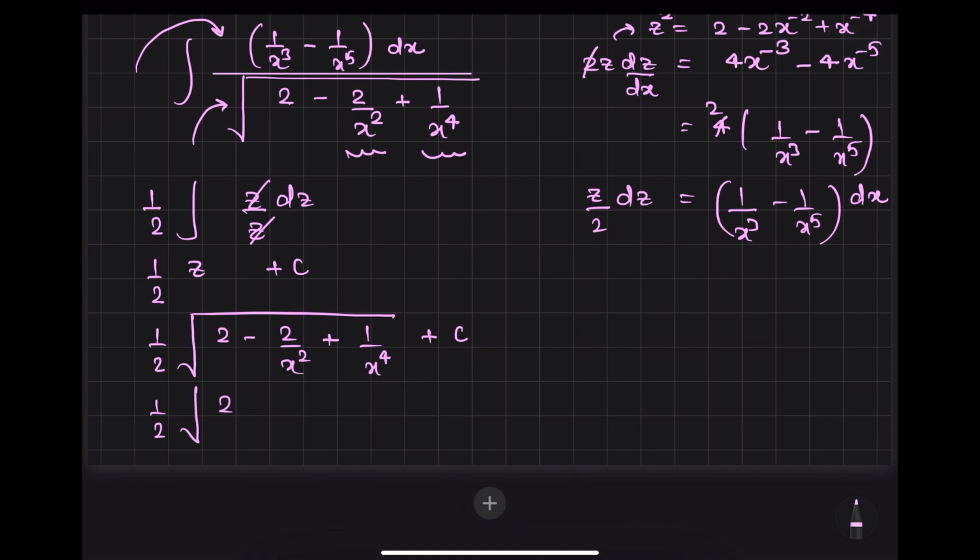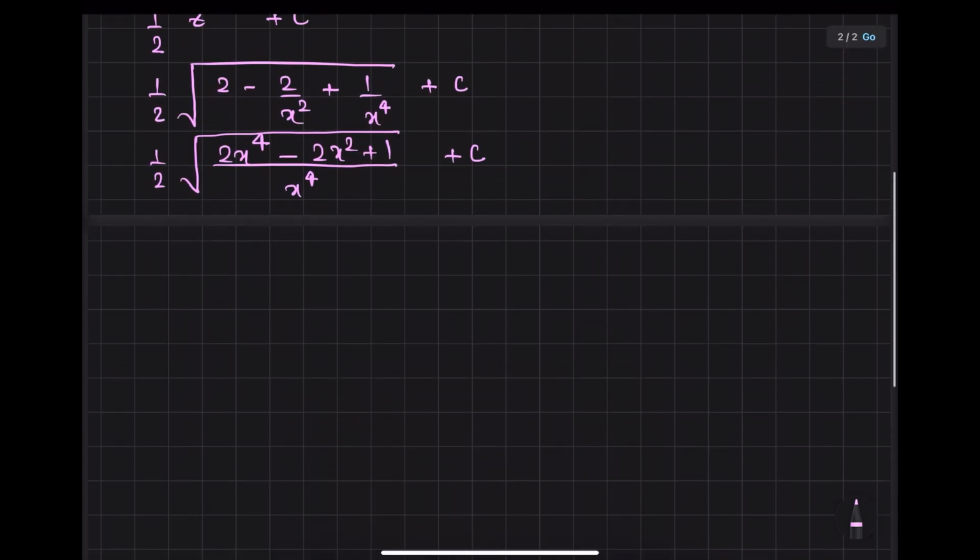So you have 2x power 4 minus 2x square plus 1 upon x power 4, this thing, plus integration constant c. Now we will put the limits.